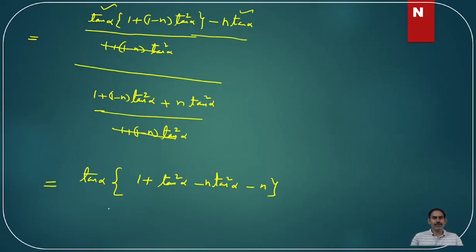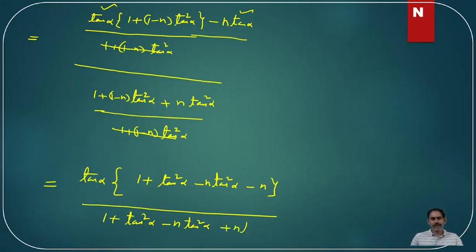Denominator: 1 plus, multiplying these two, 1 into tan square alpha minus n tan square alpha, next plus n tan square alpha. Minus n tan square alpha plus n tan square alpha gets cancelled.